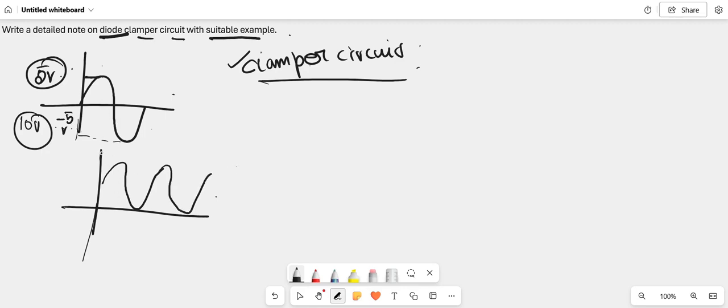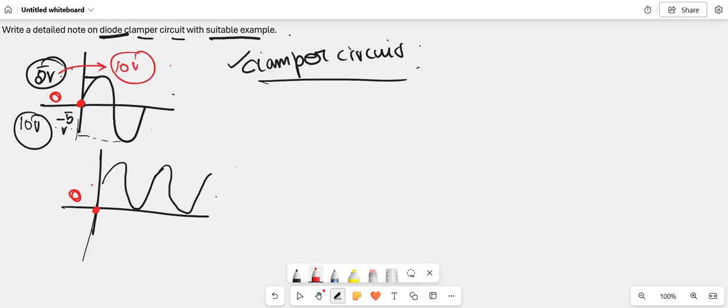So what have I done here? Suppose this level is our zero reference point or ground level, and here it is also the zero reference point. I am trying to move this peak amplitude from 5 volt to 10 volt.